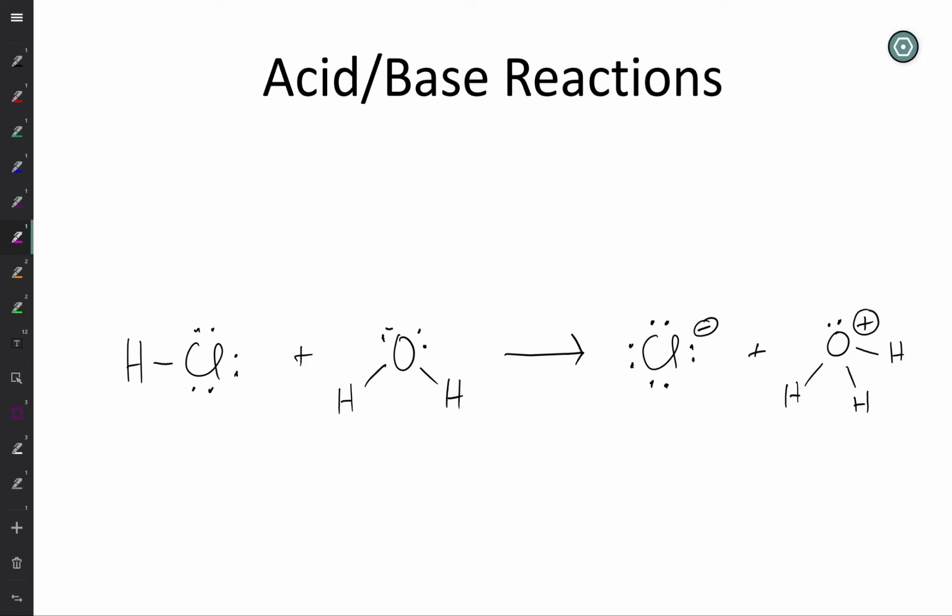So I want to start by just defining. Today is going to be a lot of definitions. I apologize for that. And then we'll get into more chemistry explanations later. But I want to start by defining acid-base reactions. So acid-base reactions are reactions where an H plus ion gets passed from one molecule to another.